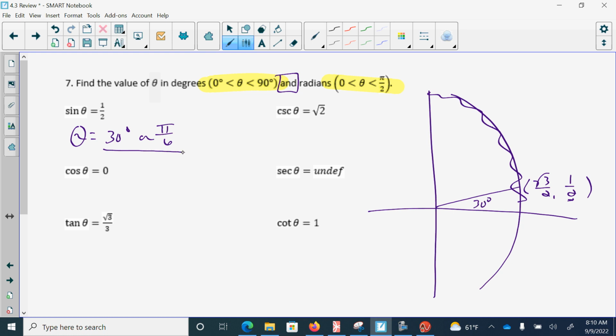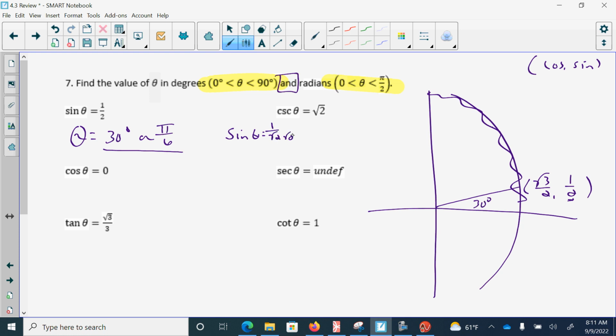Okay, the next one, it wants the cosecant of theta equal to the square root of 2. Well, we know that when I write these, it's cosine, sine. So my cosecant isn't on there. So what I'm going to say is, well, the cosecant is the reciprocal of sine. So if the cosecant is equal to the square root of 2, that means the sine of theta is equal to 1 over the square root of 2.